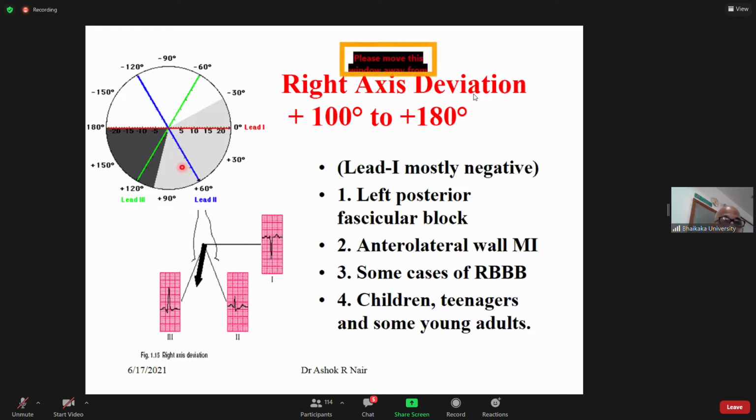So if lead 1 is negative, the axis is here, this half. Okay. Draw perpendicular here, the axis is in this half. If lead 3 is positive, so the axis is here. So usually it will be right axis deviation.